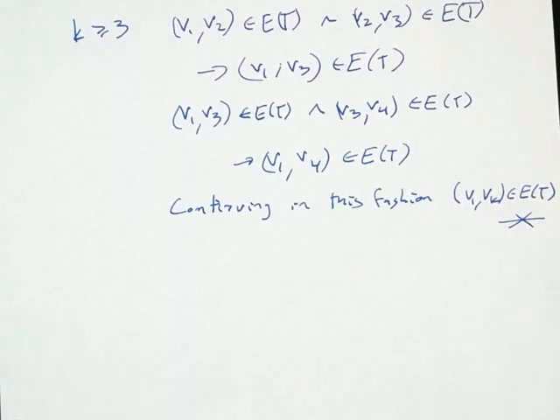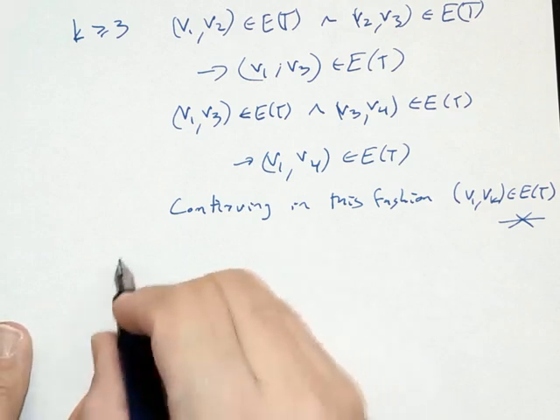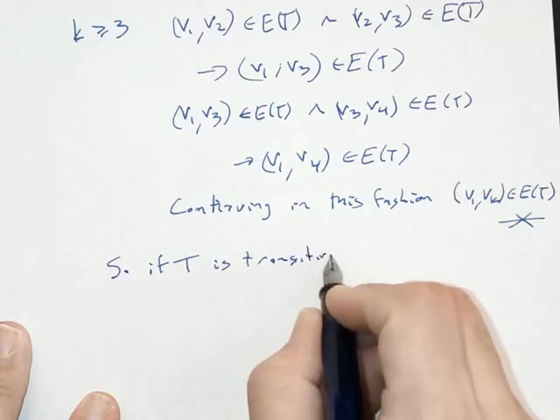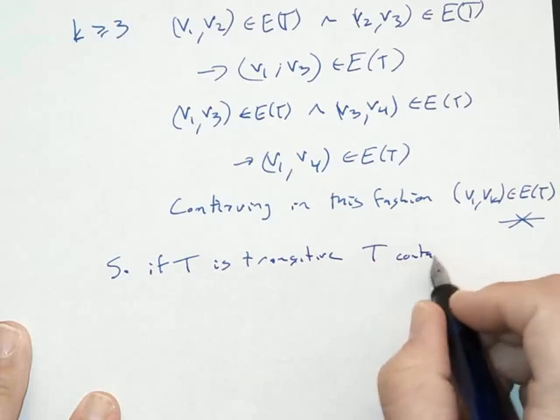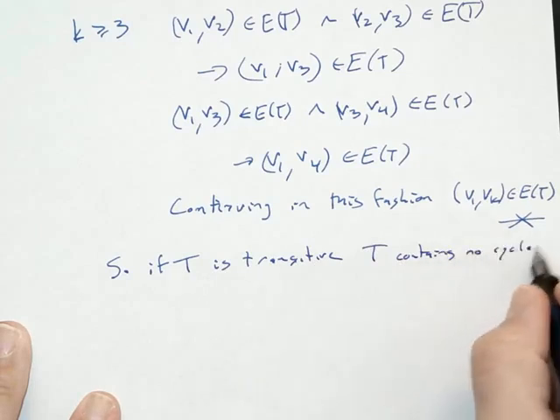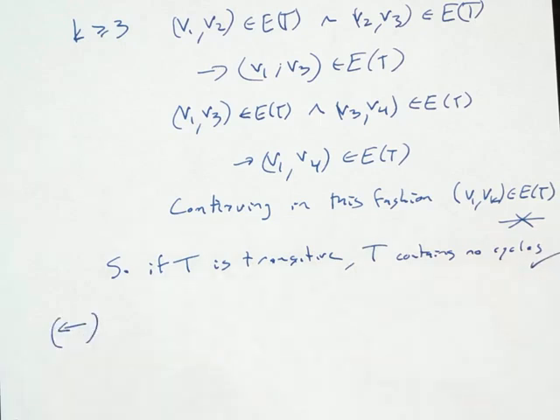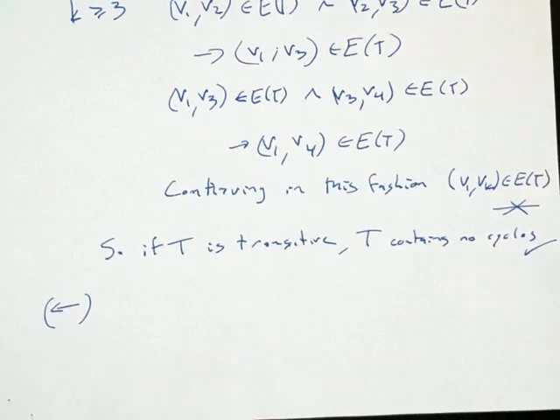Now that means, because I used transitivity in all of this, if it's transitive, I can't have a cycle. That's part one. Part two is 2 lines.